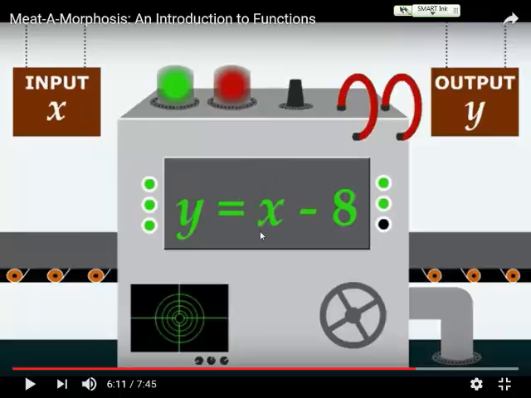Okay, so what should come out? Think about it. What do you predict? How about that one?